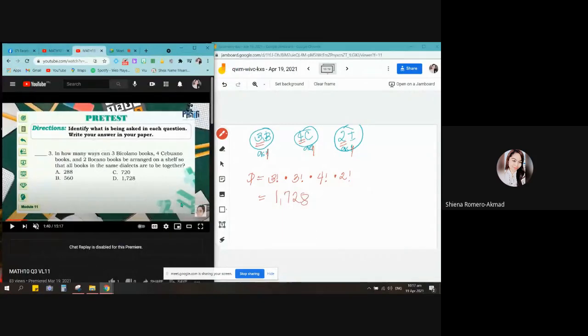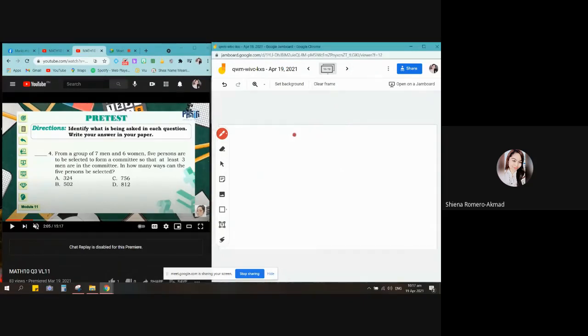How about for number 4? From a group of 7 men and 6 women, 5 persons are to be selected. O may word na selected. Dahil may word na selected, meaning this is combination. And as you can see, you are going to form a committee, meaning order doesn't matter, arrangement doesn't matter.